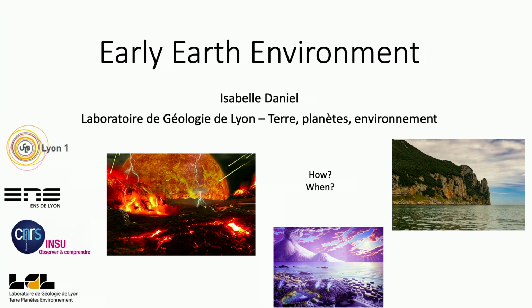Then from this habitable state, potentially with already inhabited environments, to reach the modern functioning of the Earth, a kind of steady state at the surface of the Earth, this probably happened around 2.7 billion years ago. The exact tectonics was established. It was maybe not 100%, but it was getting very close to modern times.